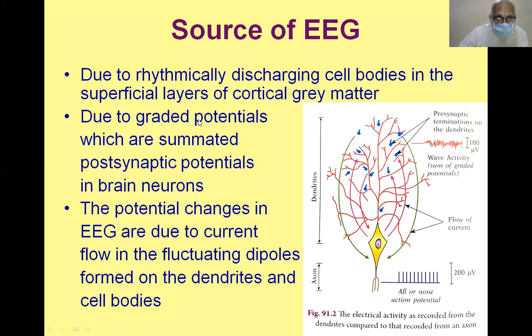The summation may be from potentials which are inhibitory or excitatory. So the graded potential produced will depend upon the summation between the negative activity and the positive activity, while the action potential is produced in the axon.